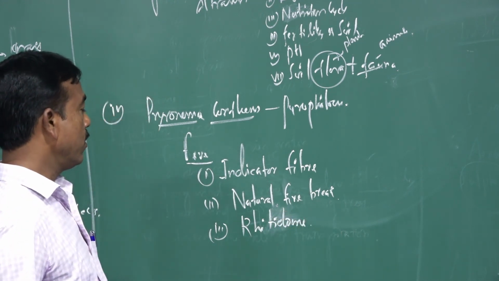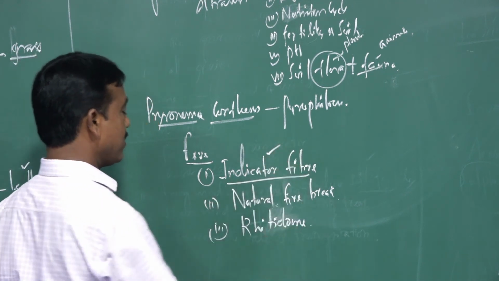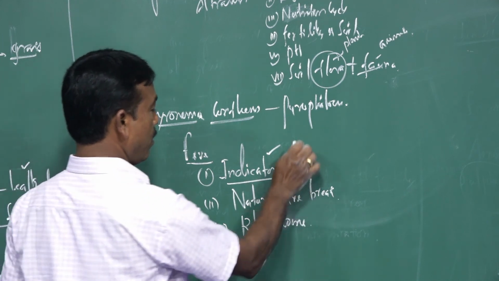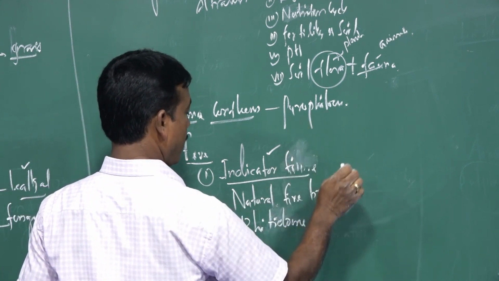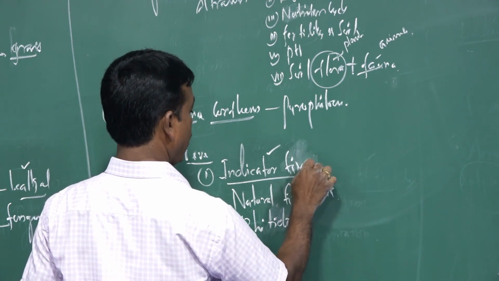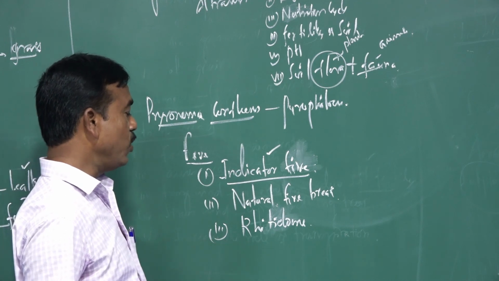So there are some fire types indicated here: indicator fire, then natural fire break, then rhytidome.